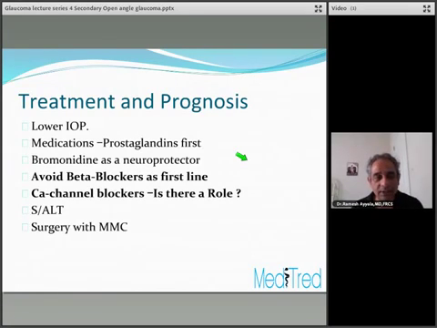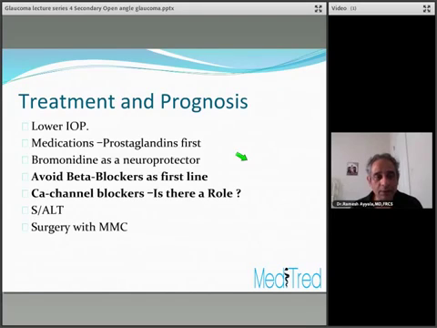The reason for this is that when brimonidine is applied as a topical medication, the amount of this drug that will reach the ganglion cells and the axons in the posterior vitreous cavity is questionable. And as such, I'm not so sure how this effect translated into better visual field in this study.